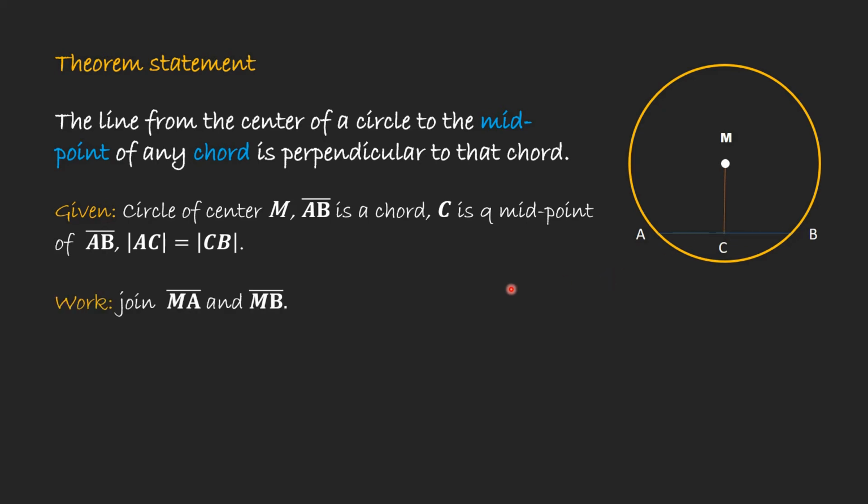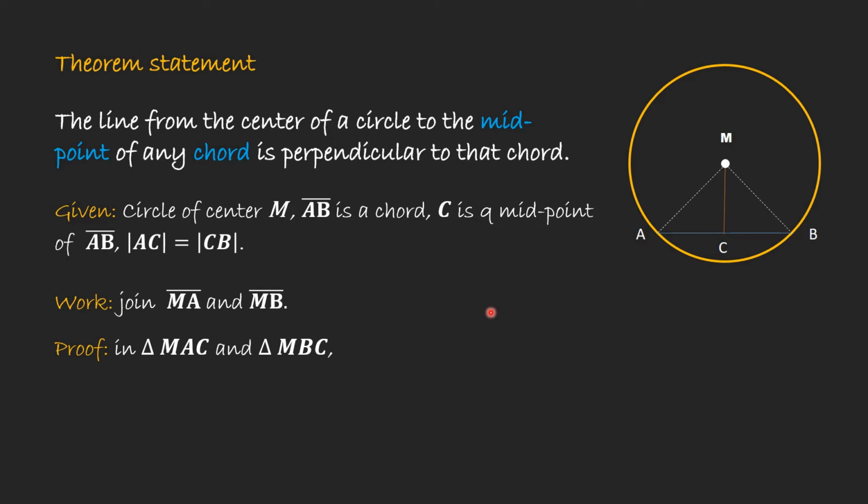What we will do to prove this theorem, we will join MA and MB. So we will join them with two lines, MA and MB. Then the proof. We have two triangles as you can see here.